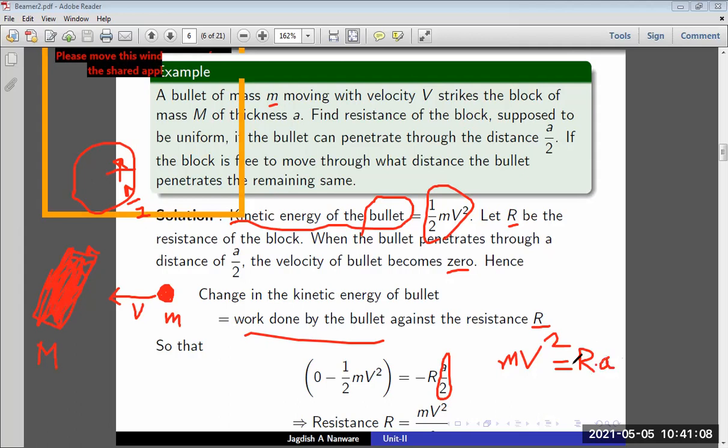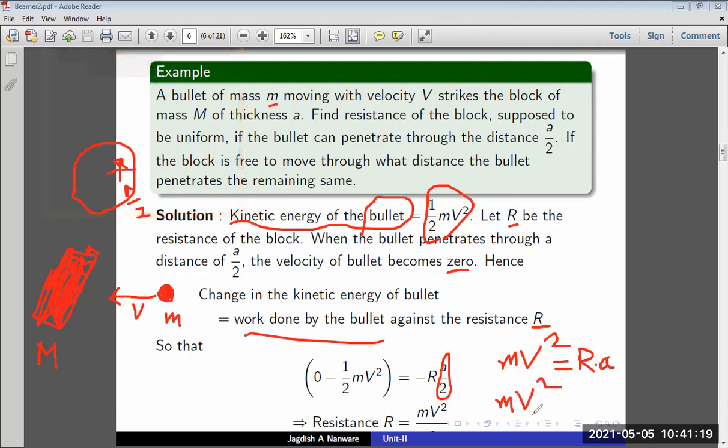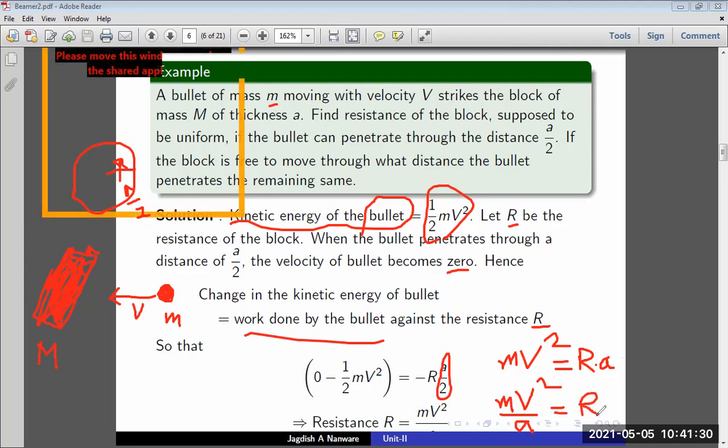To find the value of R, we divide this expression by A, which gives m into square of the velocity divided by A, and this is equal to R. So by this formula, you can find the resistance of the block, right?